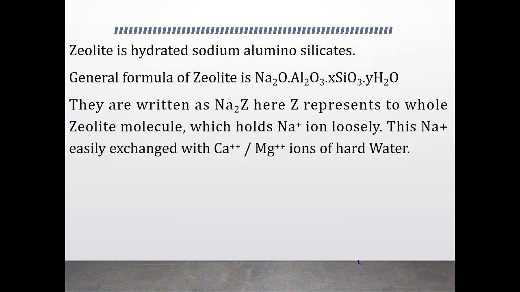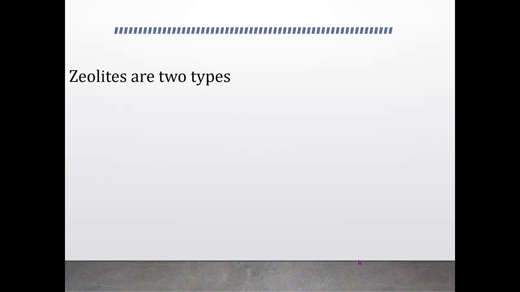So in this zeolite, sodium ion replaces calcium and magnesium. Which reaction takes place? Calcium or magnesium, M, reacts with Na2Z, Na is replaced by M, and we get MZ plus 2Na+.